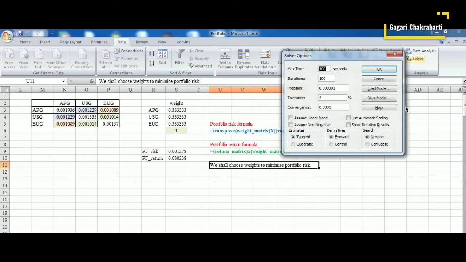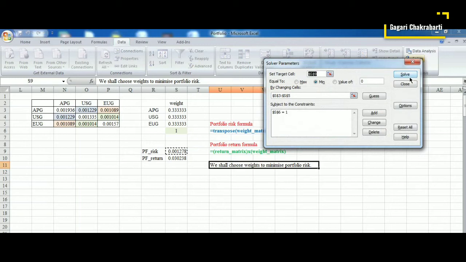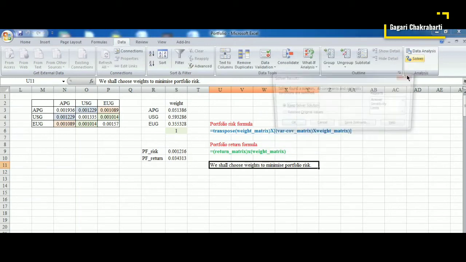Before we solve it, we may consider some other options. There is one option which states that you may make all the weights non-negative. If you do so, then you are actually putting a restriction on short selling. To start with, I will not be doing that, but later on we may relax that assumption.